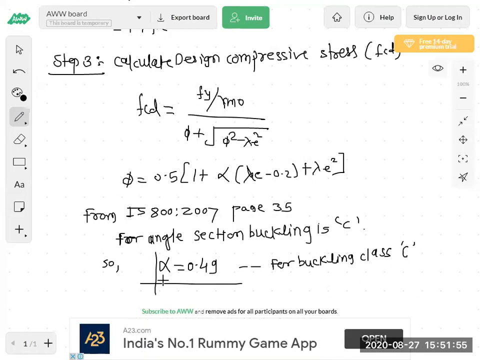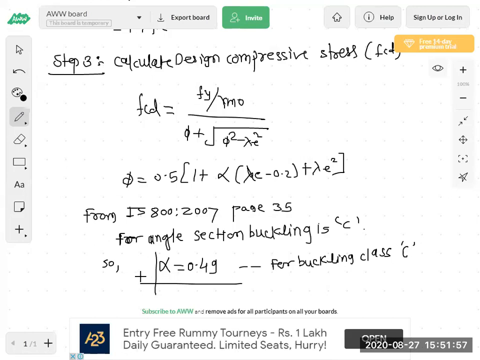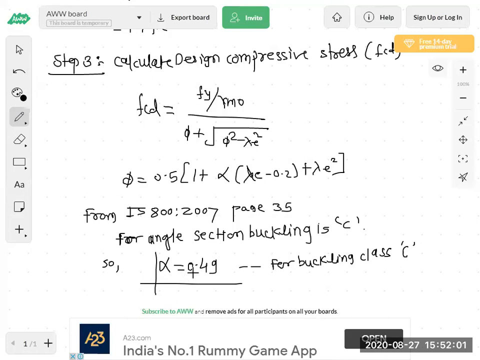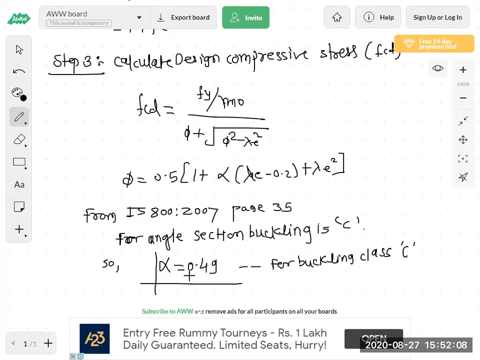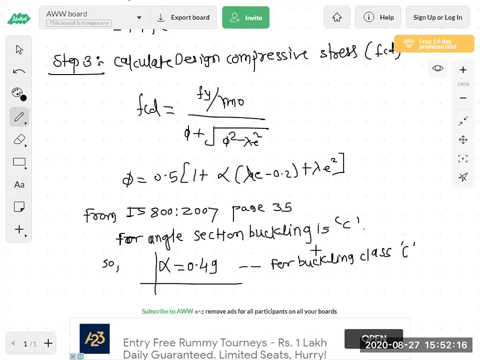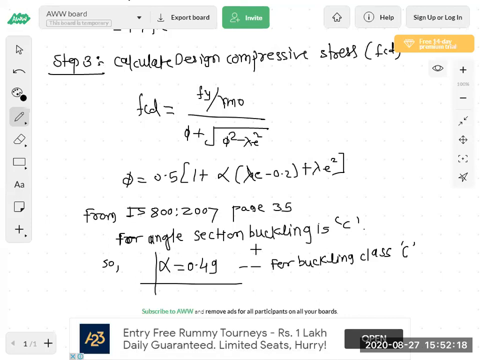On page number 35, a small table is given. Buckling classes A, B, C, D are given there. Imperfection factor alpha is nothing but the imperfection factor. Go to page number 35 of IS 800 2007, where they have written the table of imperfection factor.